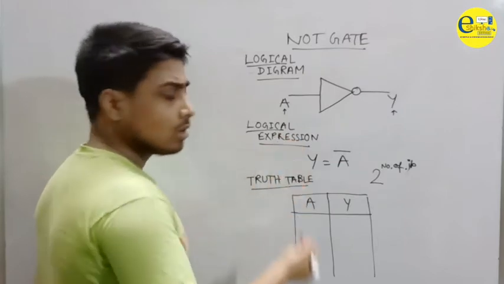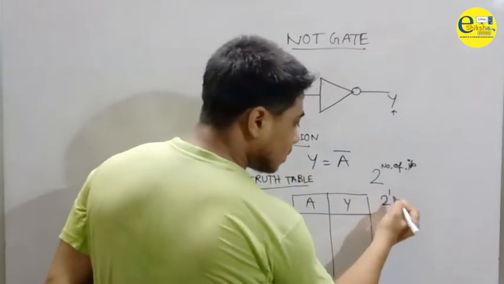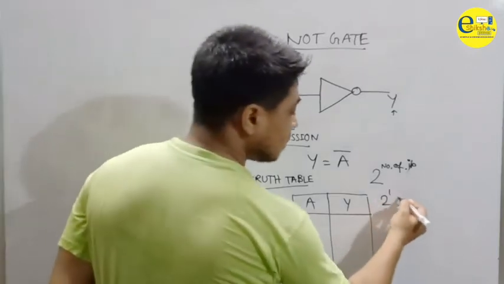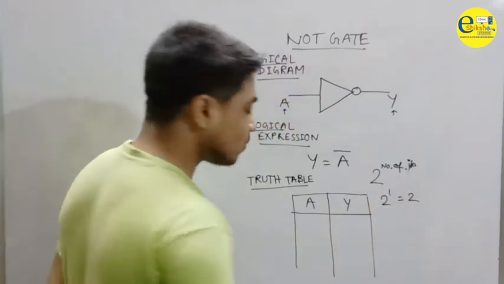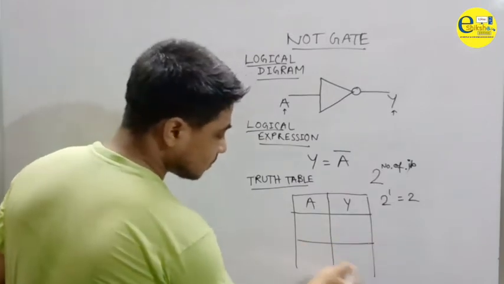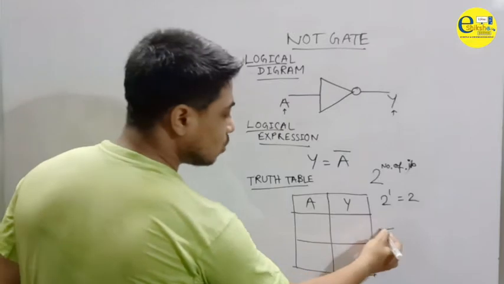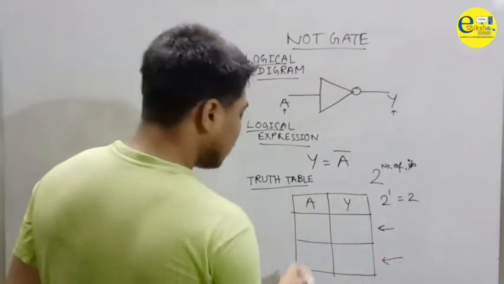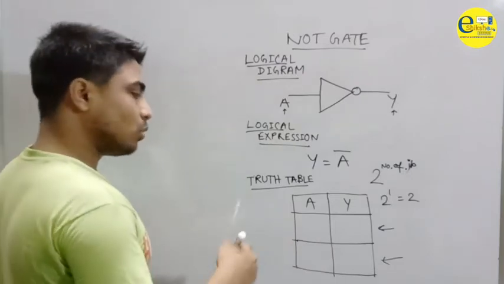We have 1 input, so 2 to the power 1 gives the total number of rows. 2 to the power 1 equals 2, so the number of rows will be 2. That's why I am drawing 2 rows here.